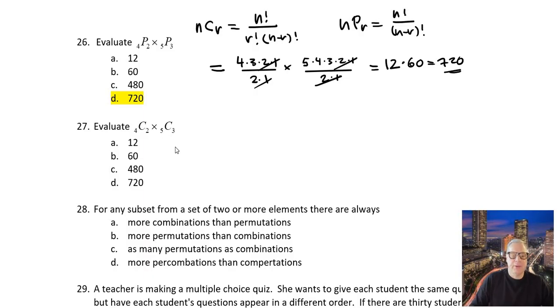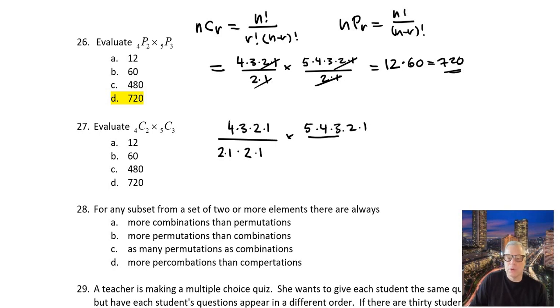So now let's evaluate the next one. So now we have combinations. So the first term is 4 times 3 times 2 times 1 over 2 times 1 times 2 times 1, times 5 times 4 times 3 times 2 times 1 over 3 times 2 times 1 times 2 times 1.